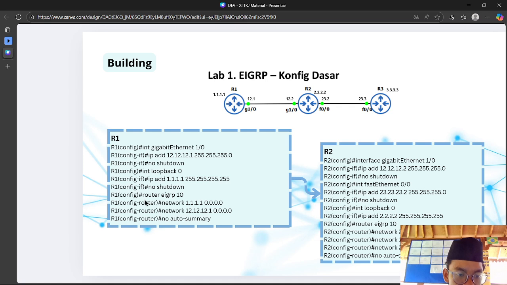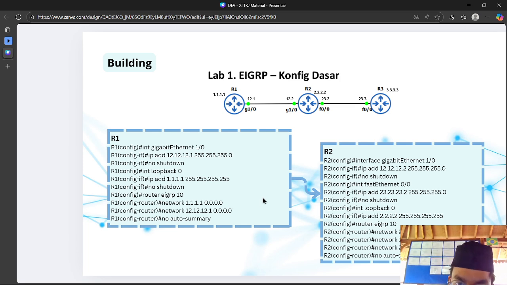Then the important thing here is router EIGRP 10 with network 1.1.1.1 and then 0.0.0.0, and then the second network is 12.12.12.1 and 0.0.0.0. Then don't forget no auto-summary.